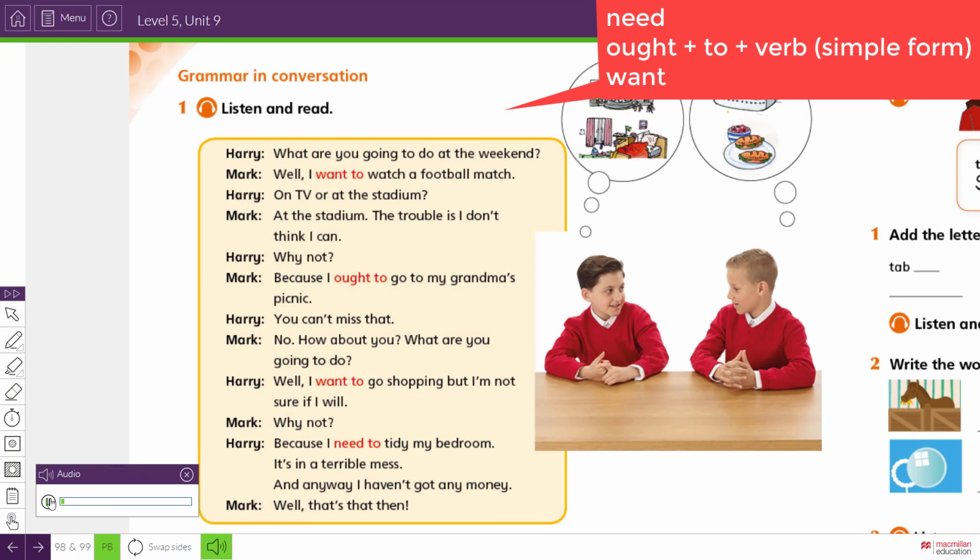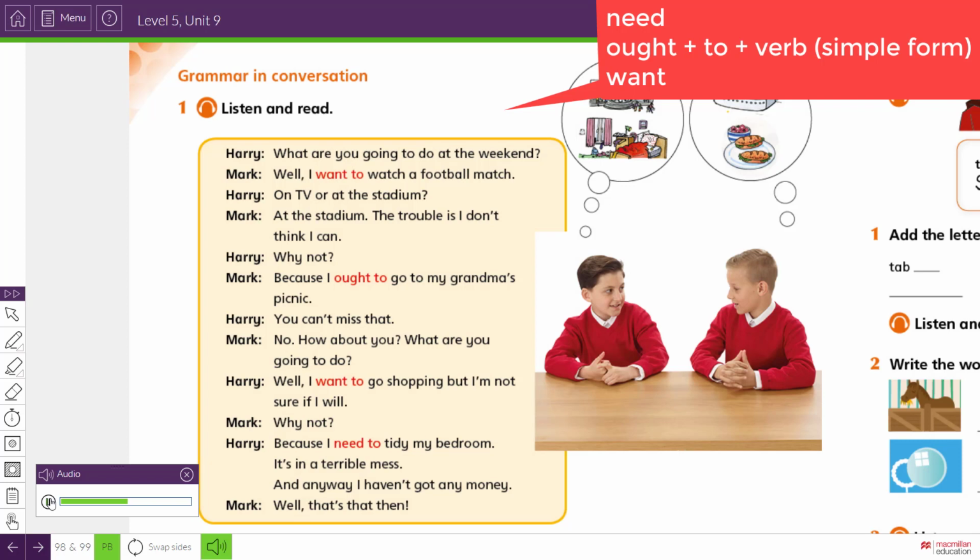Track 31. Pupils Book, Unit 9, page 98. Activity 1. Listen and read. What are you going to do at the weekend? Well, I want to watch a football match. On TV or at the stadium? At the stadium. The trouble is, I don't think I can. Why not?